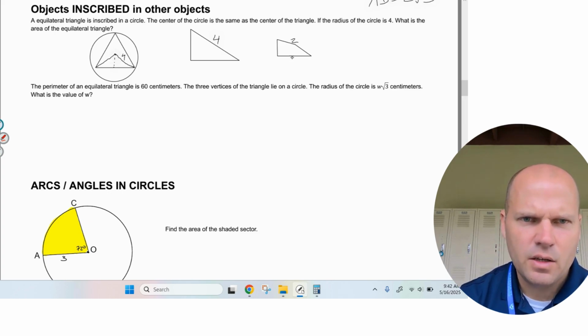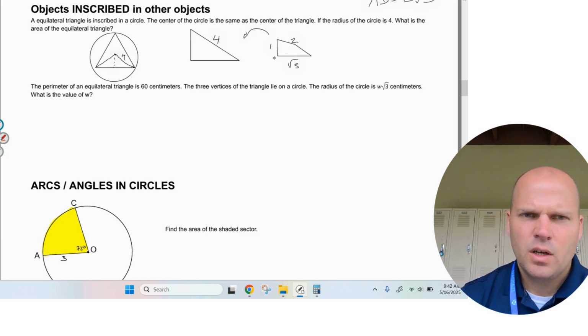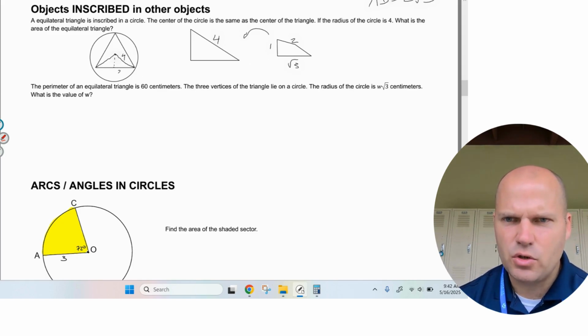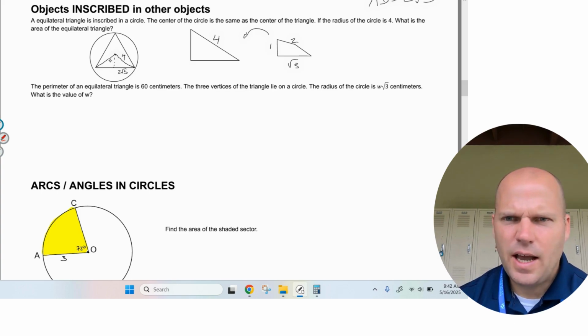So I'm going to say this is times 2 to get to 4, so this is times 2 to get 2 root 3. And this is times 2 to get to 2. Cool.